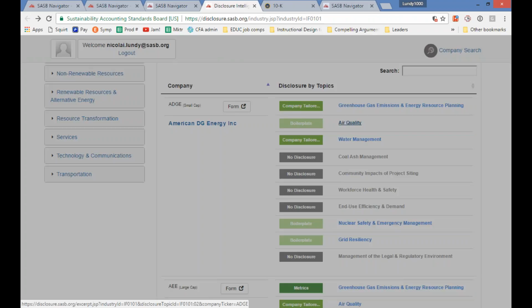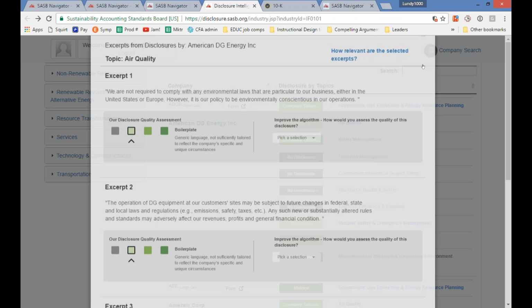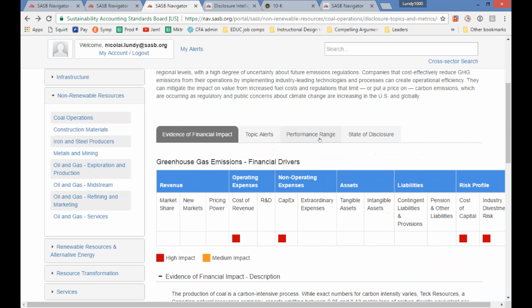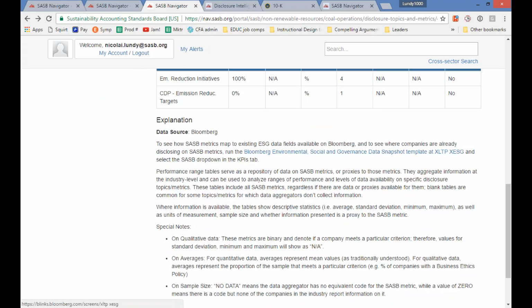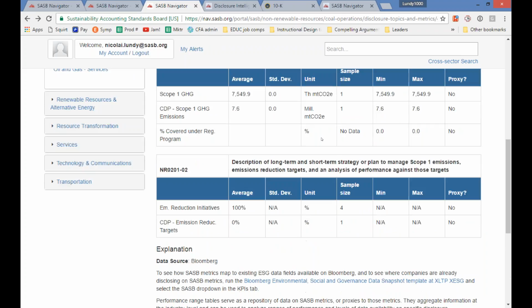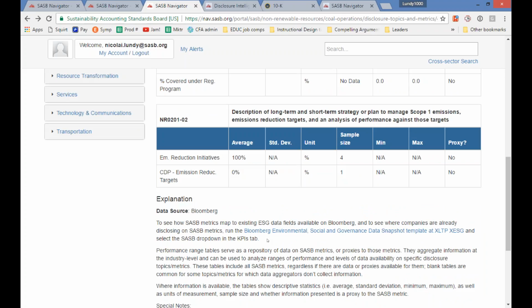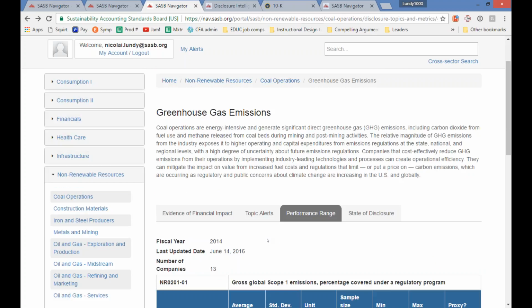But as an individual user being able to export it, whether it's the excerpts or the information, or maybe you're talking about the performance ranges, the performance range data is just available in this screen. Now, if you do have the Bloomberg terminal, that gives you an Excel that you can access; all the data exists in Bloomberg. And like I said, I can't tell you which platforms that's going to be appearing on in the next few months, but there will be other platforms that make that available. So hopefully that answers your question.